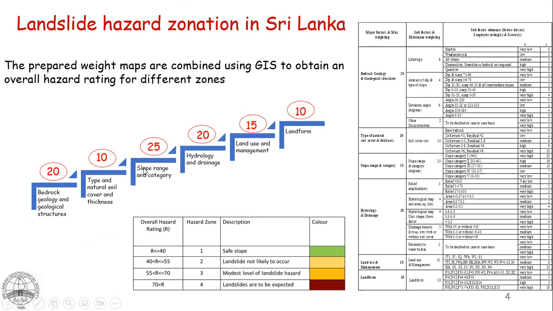These are the terrain factors used in coming up with the zonation: bedrock geology and geological structures, types of natural soil and soil cover, soil thickness, slope range, hydrology, land use management, and landforms. For each terrain factor, there is a particular score given. The relative values of these scales were decided on experience and statistical principles, and the detailing of this particular terrain factor.